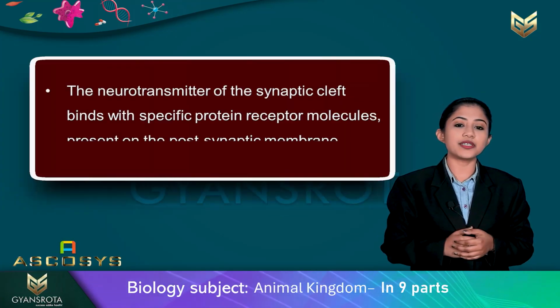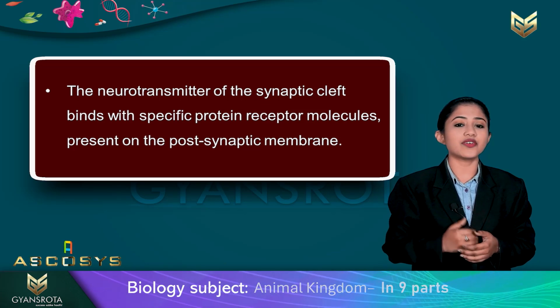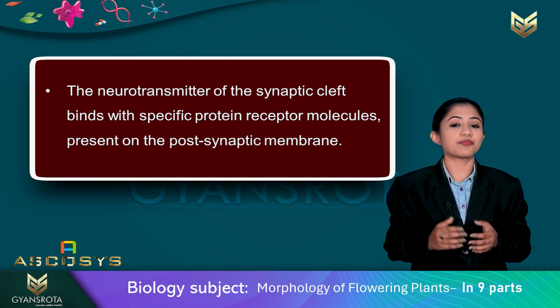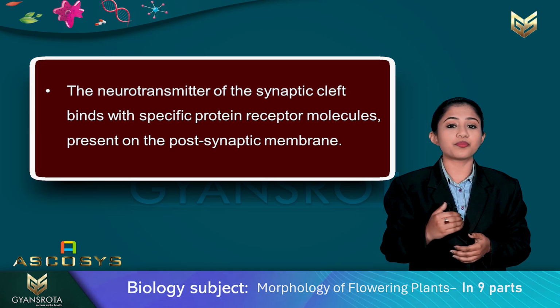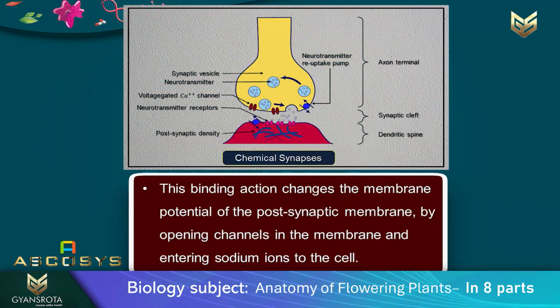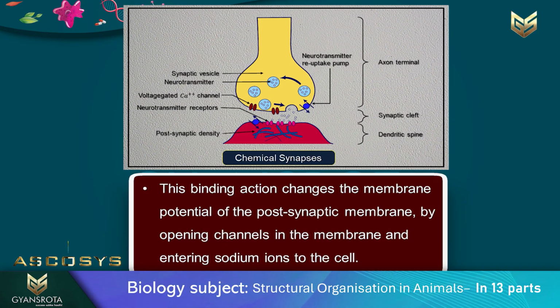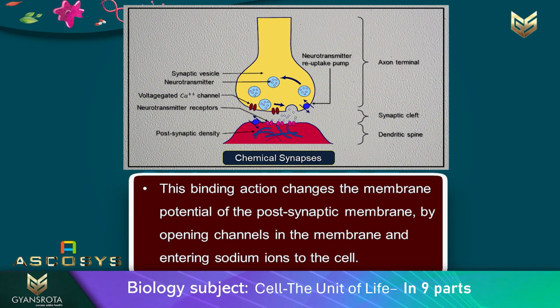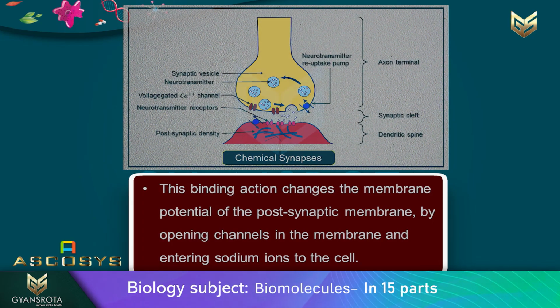The neurotransmitter in the synaptic cleft binds with specific receptors, which are protein molecules present on the postsynaptic neuron, as you can see in this figure, and this binding action changes the membrane potential of the postsynaptic membrane by opening the channels in the membrane and letting sodium ions enter the cell.